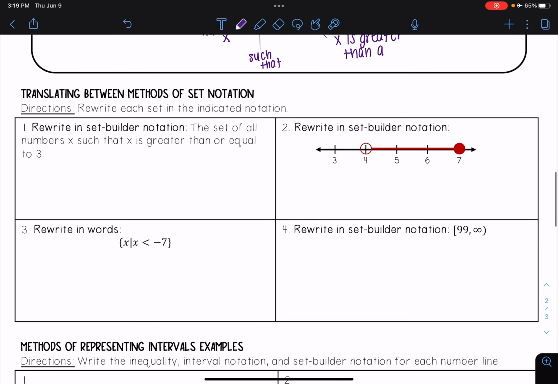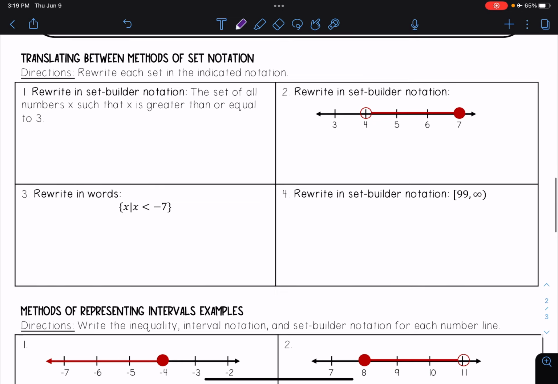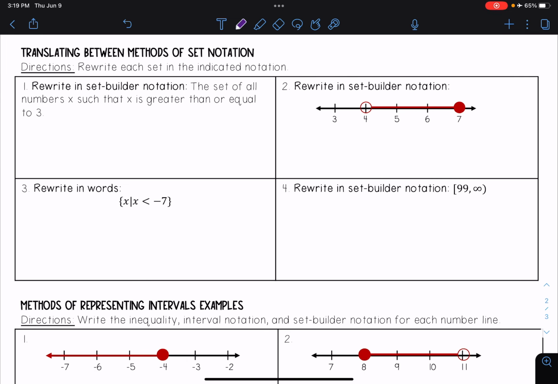So let's practice translating between methods of set notation. I'm going to rewrite each set in the indicated notation. For number 1, I want to rewrite this in set builder notation. It says the set of all numbers x such that x is greater than or equal to 3. So now I'm going to have curly braces.